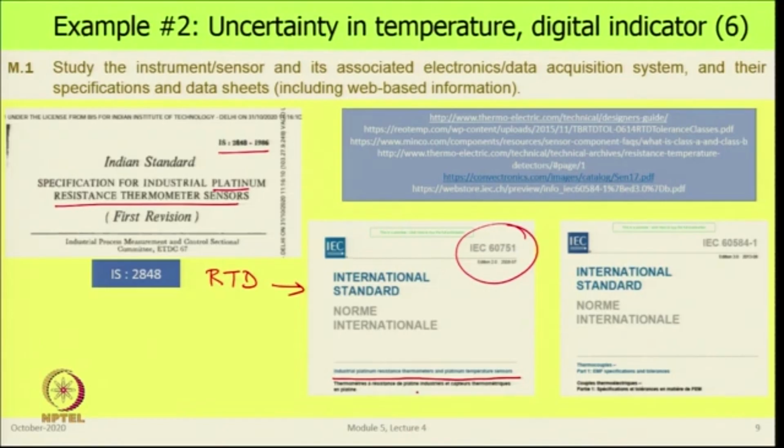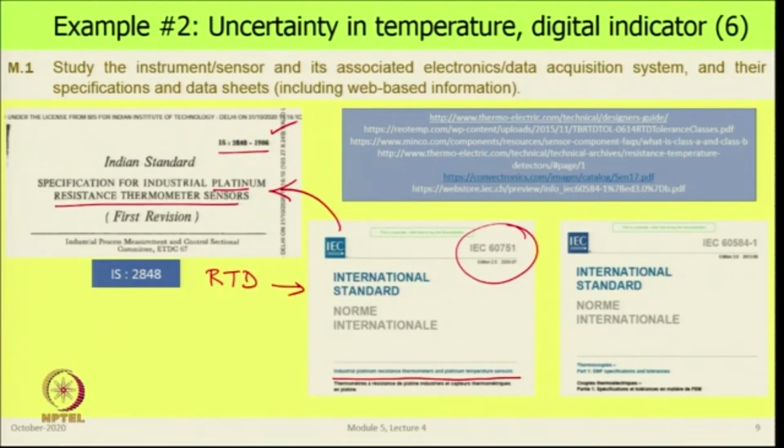Much of what is in IEC 60751 has been incorporated into IS 2848. So, if you do not find this standard, we can definitely get the Indian standard. So, this is one standard for RTDs.